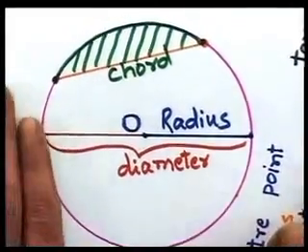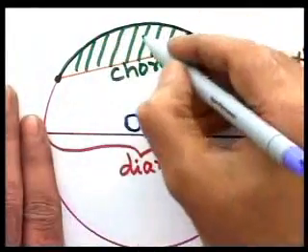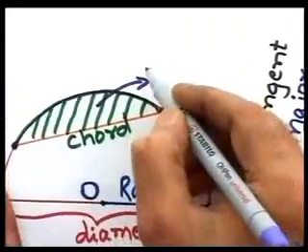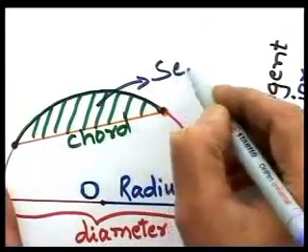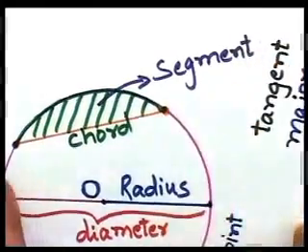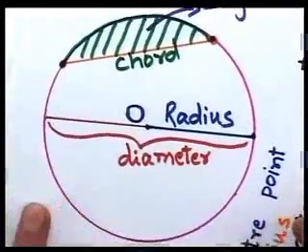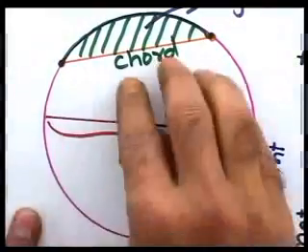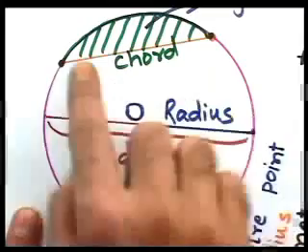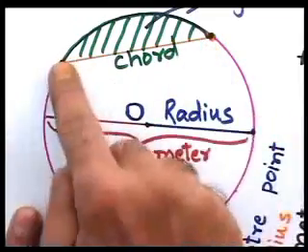Write the spelling. This particular space here can be considered to be a segment. So let's just go and write full spelling please. It is called a segment. So at the same time, try and follow this side also. There is a segment, because there is a chord and there is an arc.